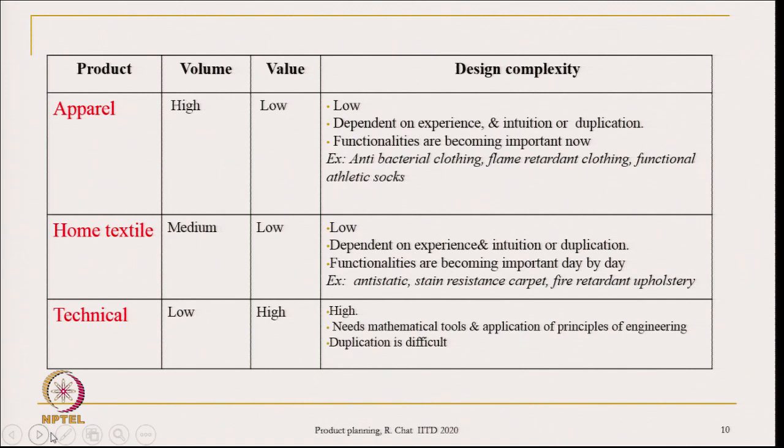That is why we say the volume of production is extremely high. Most of the fibers that we produce, both synthetic and natural, most of it goes into making apparels. So, volume is very high, the value is low, cost wise they are low, and design complexity wise, if you try to see, design complexity is low, they are easy to design.